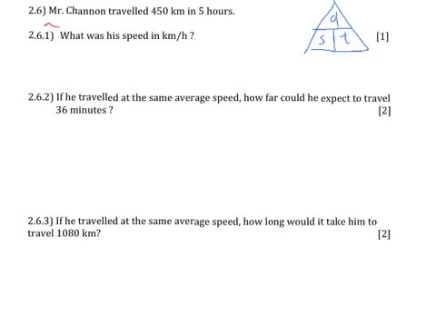You need to know that the vertical line means multiplication, whereas the horizontal line is division.